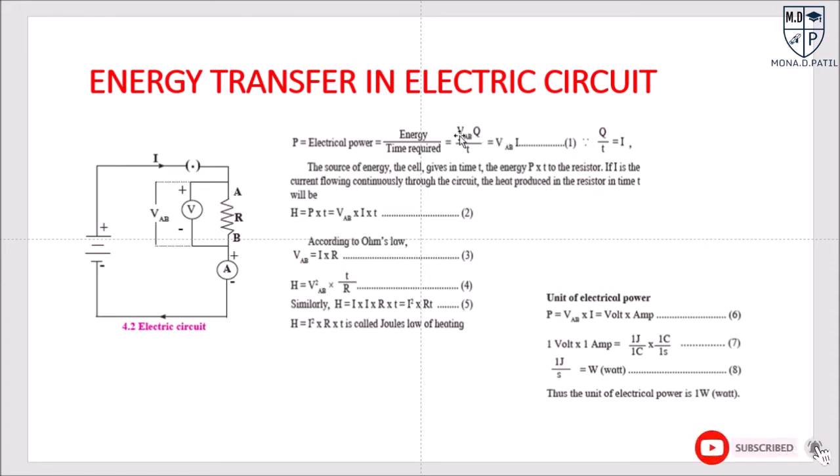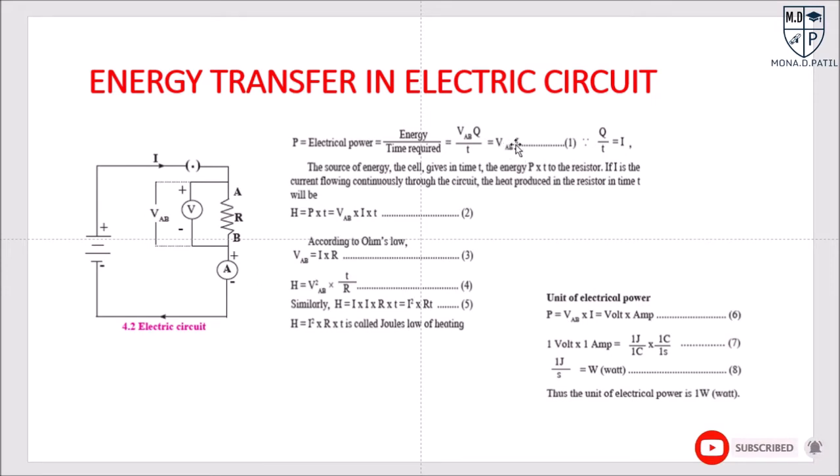Energy is VQ, where V is the potential difference in volts and Q is the total charge, and in the given time T, so VQ upon T. Here Q upon T means I, so I is equal to Q upon T. So instead of Q upon T we can write I, and we obtain electric power P is equal to V into I.